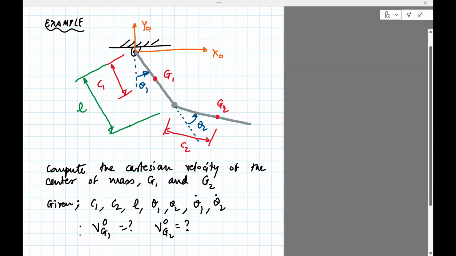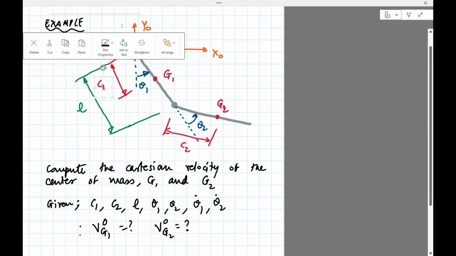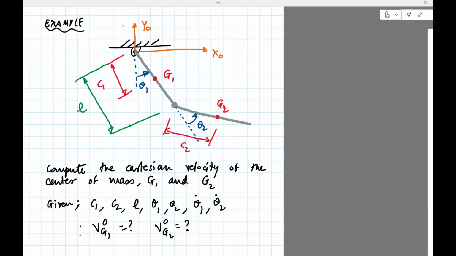And then remember, what we want to do is for every link, we want to have its own frame. So let's fix the frame for the first link like this, x1, y1, and then x2, y2.